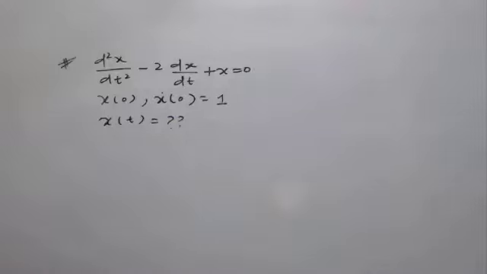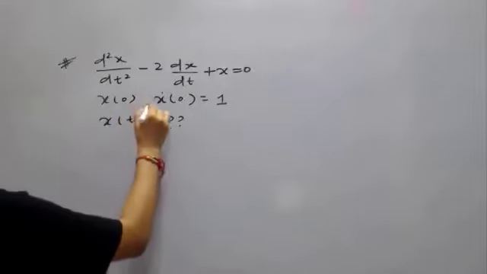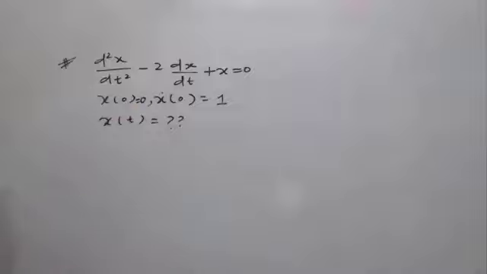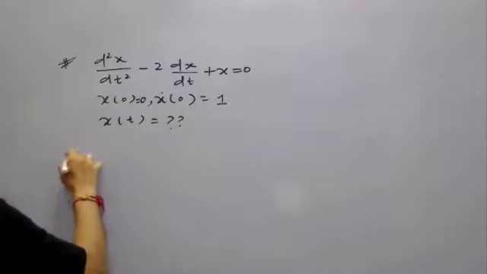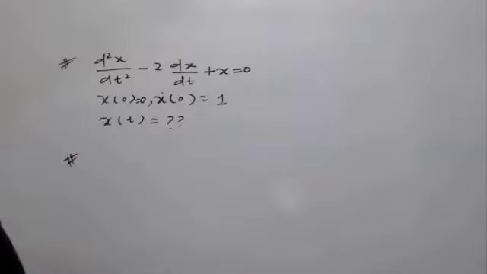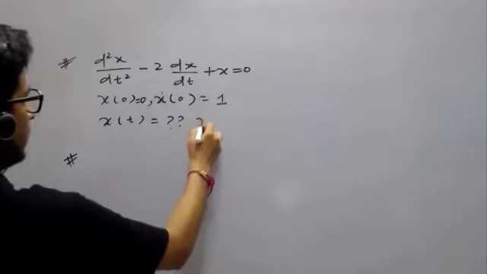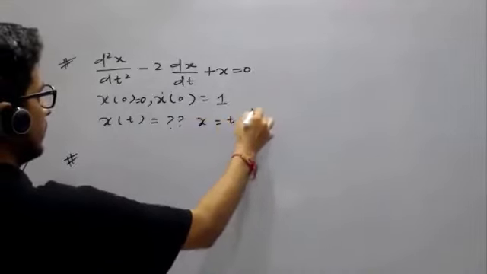No, x0 is 0, x dot 0 is 1. Okay. And its answer is x is equal to t e to the power t.